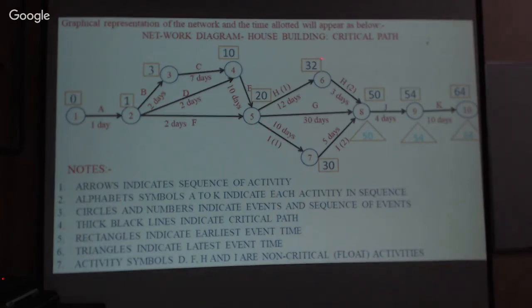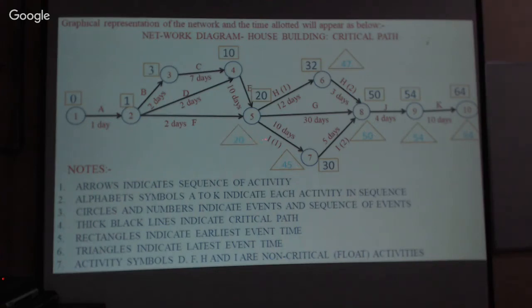Now if you come along this path, it is 50 minus 3, that is 47. And similarly, this is 50 minus 5, it is 45, and then further, this is 20.